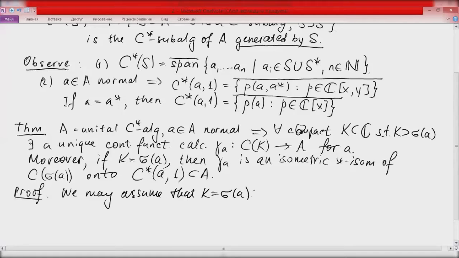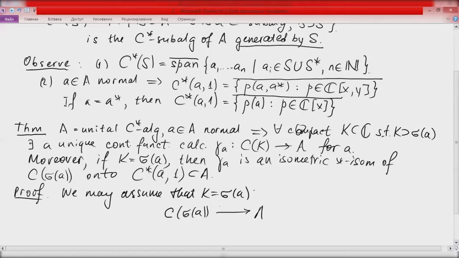Well, indeed, assume for the moment that we have already constructed the functional calculus on the spectrum, then we can draw the following picture.